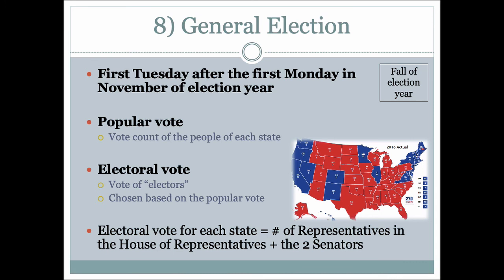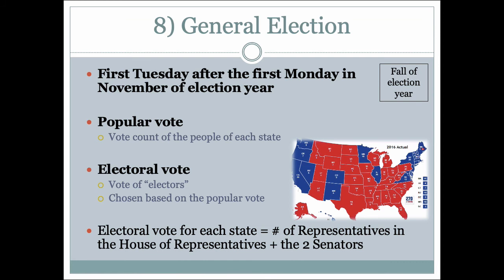And so the number of electoral votes for each state is determined by the number of representatives in the House that each state has, plus 2 for the number of senators that each state has. So in essence, states with larger populations have more electoral votes. It's called a winner-take-all system. If 50% plus one person in the state vote for the Democratic candidate, that candidate gets all the electoral votes of that state.